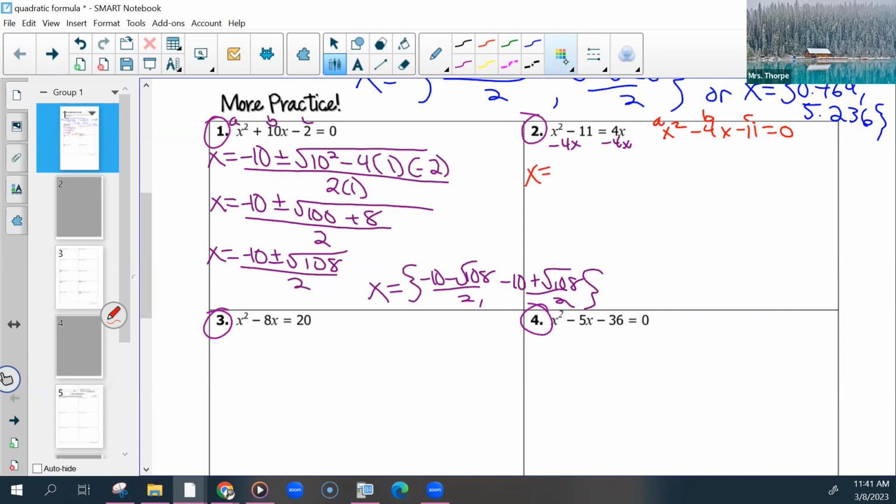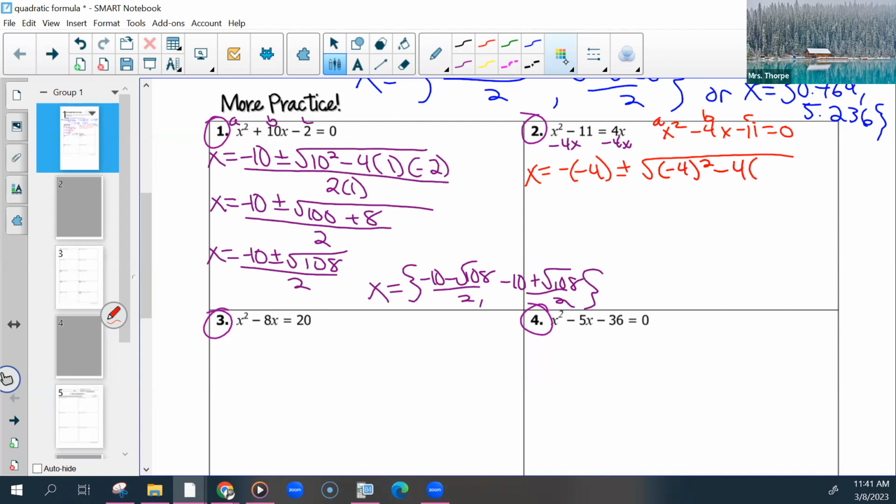So x equals -b, but it's already negative. So at this point later, when you start to get used to it, if you want to just make that positive to begin with, you could do that. Plus or minus the square root of b squared. So if you wanted to put what b squared is right away, you could do that. I'm just still gonna put it as is.